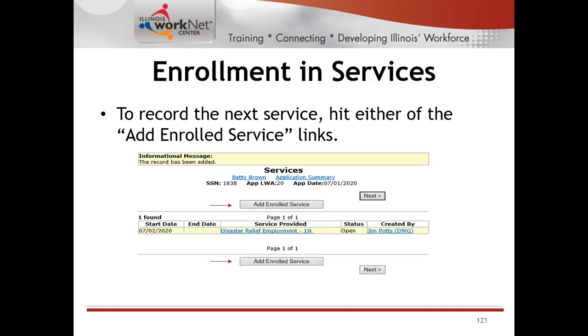But in this new IWDS change request, there's going to be a level of service called disaster recovery services, and that's where disaster relief employment is going to be, and that's also where disaster relief safety training is going to be. And underneath this new service level, there's also going to be disaster relief supportive services.